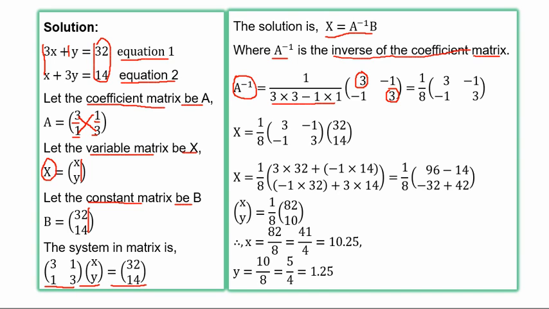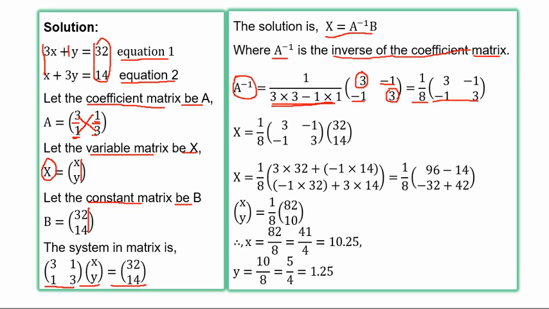So the entries 1 and 1 become minus 1 and minus 1. So you have 1 over 8. When you simplify the denominator, that is 9 minus 1, it's 1 over 8. Then this matrix remains the same. So that is the inverse.